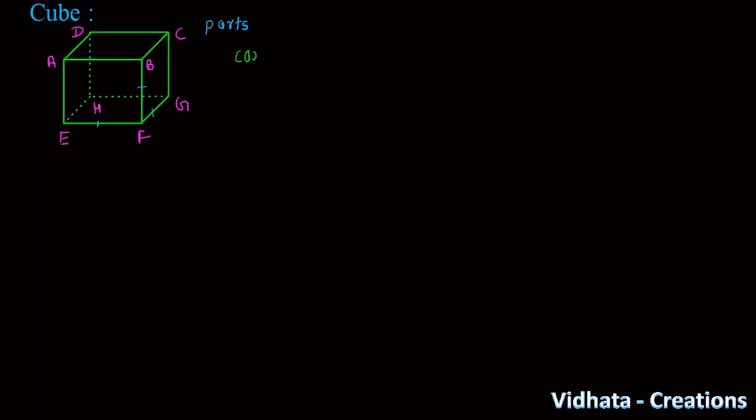If you observe the figure and count the corners, you can see there are 1, 2, 3, 4, 5, 6, 7, 8 corners, and these corners are called vertices. Vertices are denoted by the letter V.